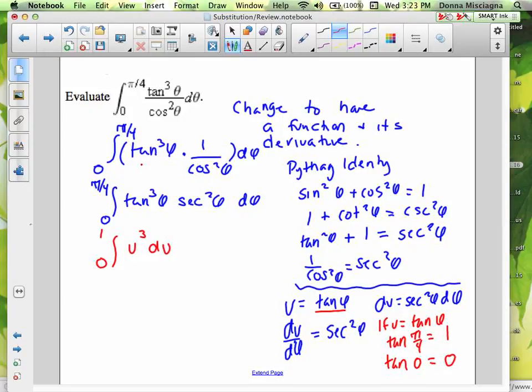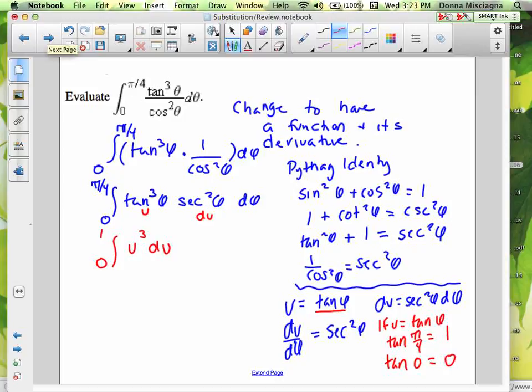Tangent was replaced with u. The cube stays. And then 1 over cosine, which is secant, is our du. So du is replacing secant squared theta d theta. So all we have now is u cubed du. So what's the integral of that?